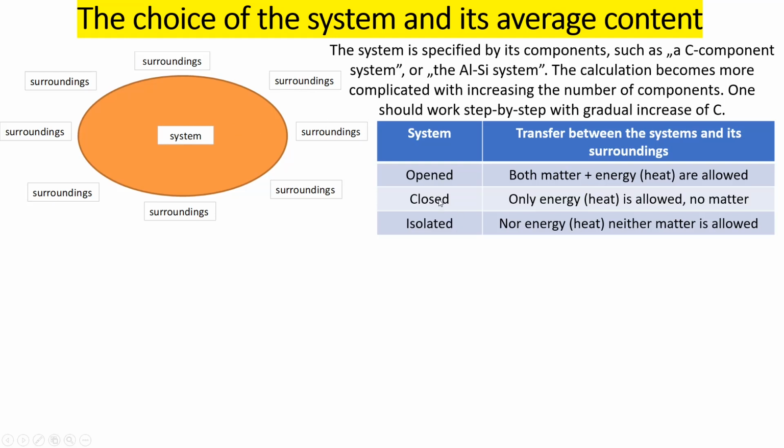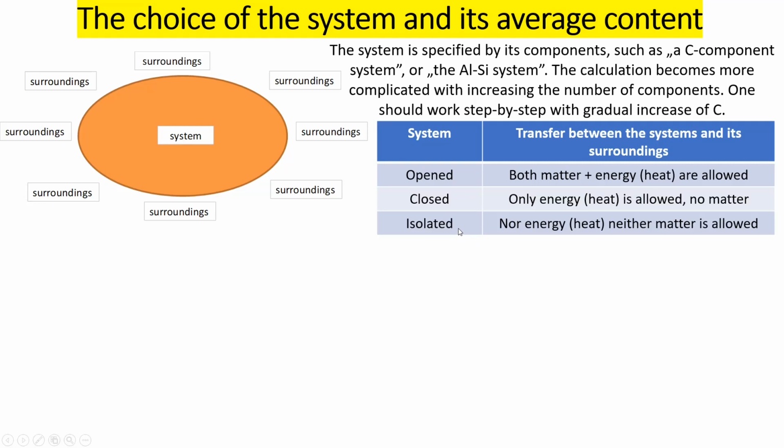So usually we limit ourselves to studying closed systems, but by the way, in the closed system, energy can still be transferred. This is because through the physical walls, which conduct heat, of course, heat can escape or heat can come back, depending on the temperature difference between the system and the surroundings.